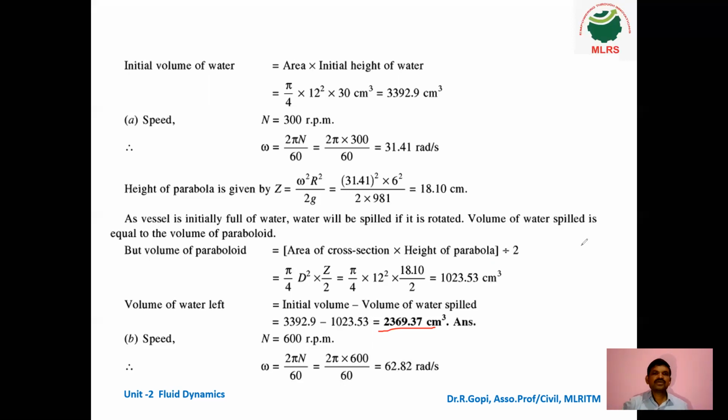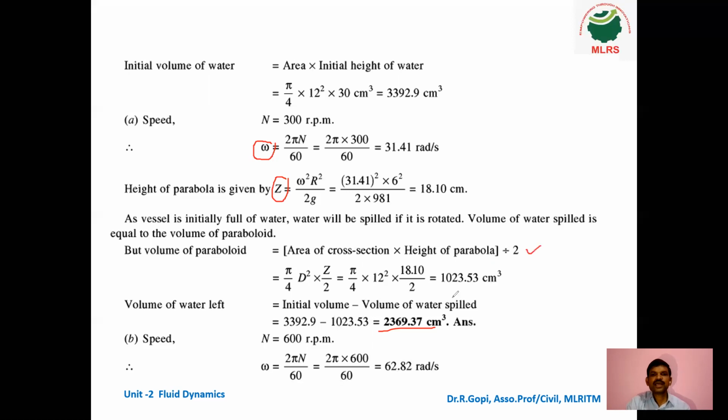First category: in case speed is equal to 300 RPM, first we have to calculate the angular velocity. Based on the angular velocity, calculate z, the depth of the parabola. Based on the depth of the parabola, we calculate how much liquid or water is spilled out from the container, using the formula area of cross section into height of parabola divided by 2.